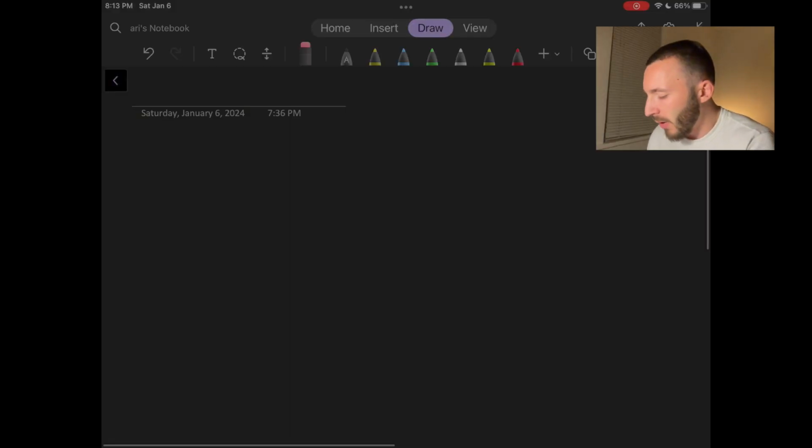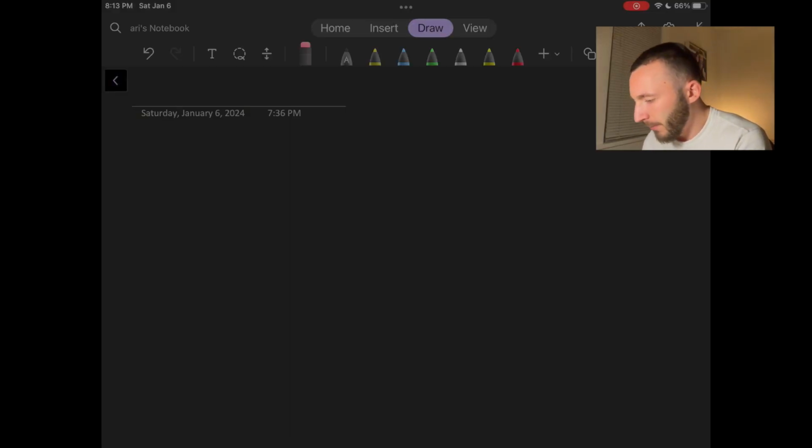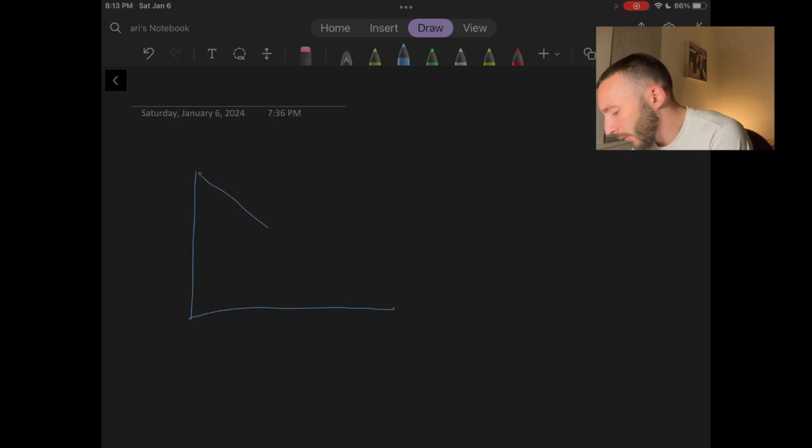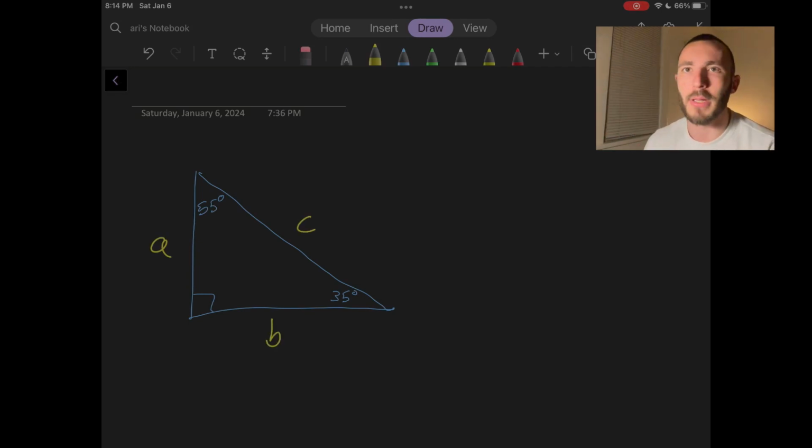Let's imagine we have a right triangle, because that's what we're talking about. That'll be my right angle. We have a 55-degree angle up here and a 35-degree angle out here, and we'll label the sides A, B, and C. If we want to talk about the relationship between two sides, we have a few different pairs that we could take.